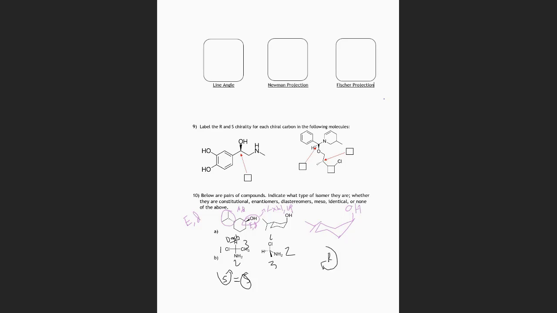This now looks like R, and because hydrogen is on dash, this is R. So we have S and R. What type of isomer is this? Good. So those are going to be enantiomers because all the chiral centers are opposite configurations.